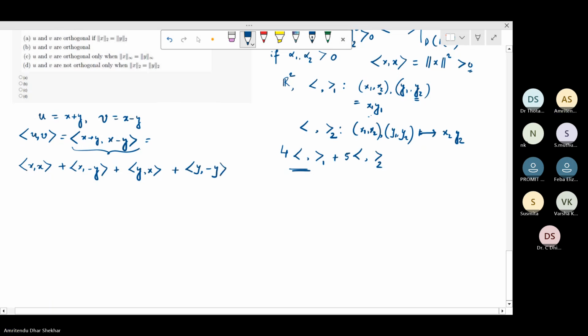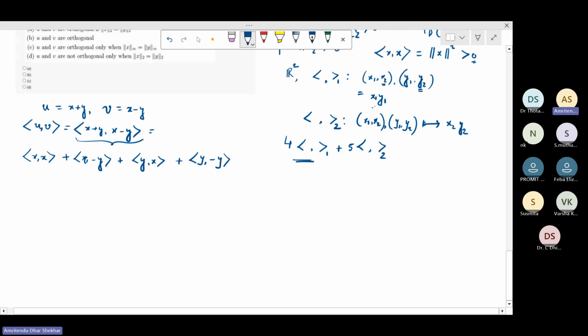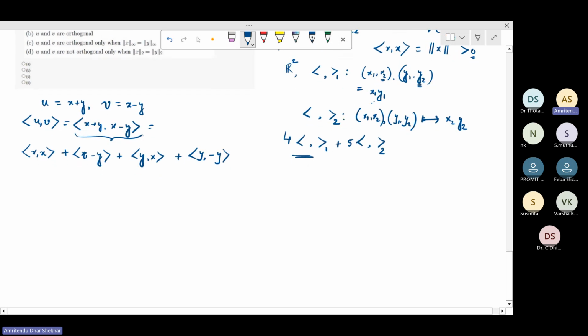Okay. Right. So because this is an inner product on a real space, the inner product is also symmetric, which means that x comma y is equal to y comma x.